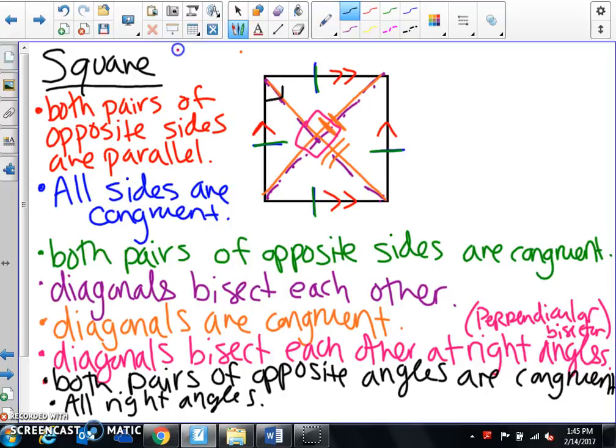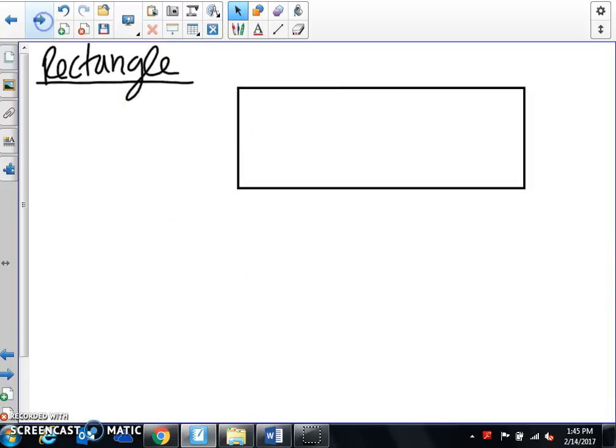So these are all right angles. So you should have your boxes. And so of course both pairs of opposite angles are congruent, because this one is congruent to that one, and this one is congruent to that one. They're all 90 degrees. The good news is, y'all, that's the most difficult one. So it all goes downhill from there.